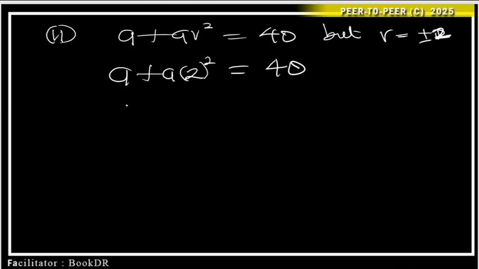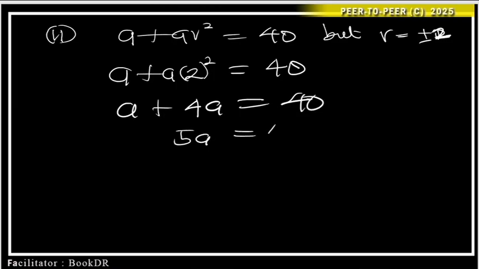We are going to have a plus 4a is equal to 40. This will yield 5a is equal to 40. Simplified further, the first term will be 8.